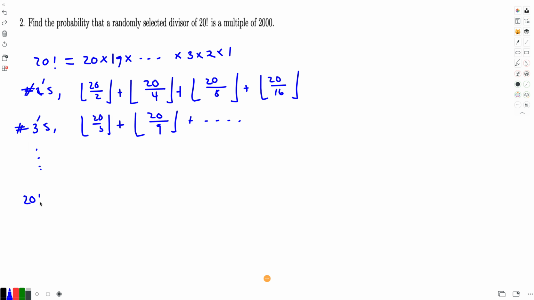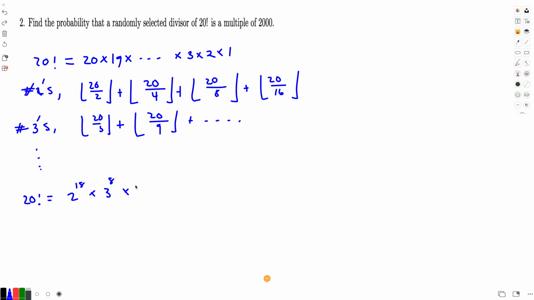So 20 factorial would be equal to 2 raised to the power of, we have 10 plus 5, which is 15, plus 2, which is 17, plus the 1, which is 18. So 2 to the 18. And then for 3, we would have 20 over 3 floored, which would be 6, and then 20 over 9 floored, which would be 2, which makes 8. And then we have no more.